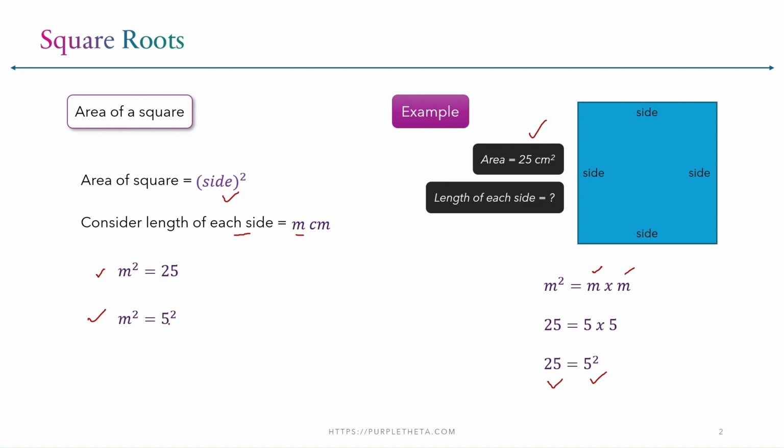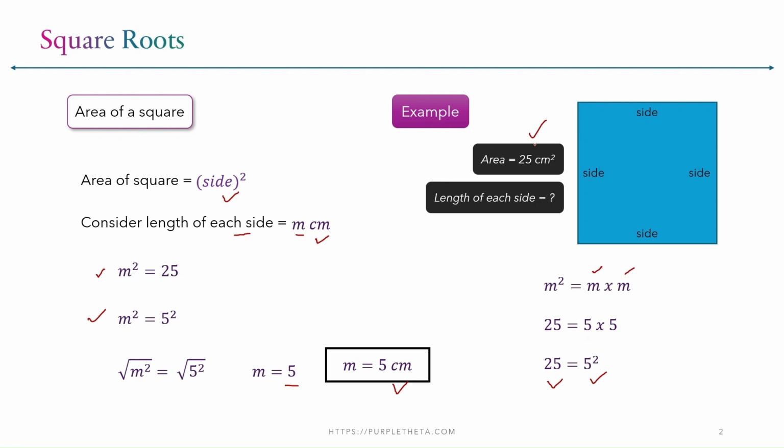Since both sides are perfect squares, we take the square root of both sides. That means square root of m square is equal to square root of 5 square. This gives m is equal to 5, or m is equal to 5 centimeter, because sides are represented by centimeter.